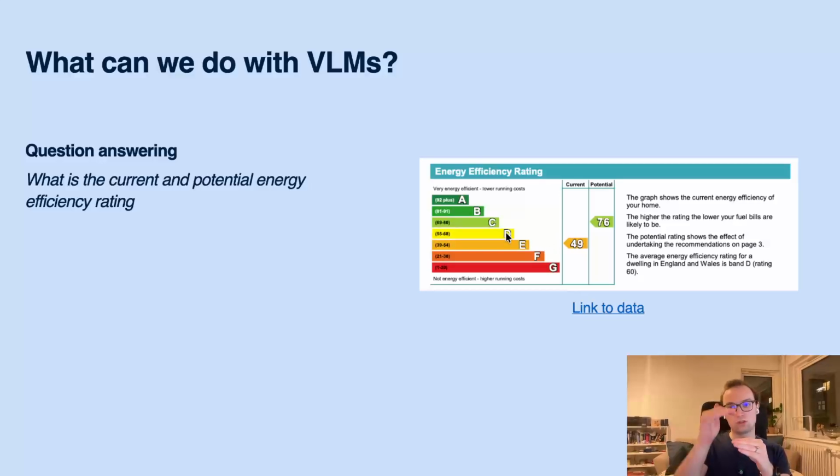But if the order of the text is messed up here, you could have big issues, because you would lose the context of whether this 49 number belongs to F, E, or D, right? Or the potential number, does it belong to E, D, or C? So in this situation, using a vision language model is super powerful, because you can interpret it directly.